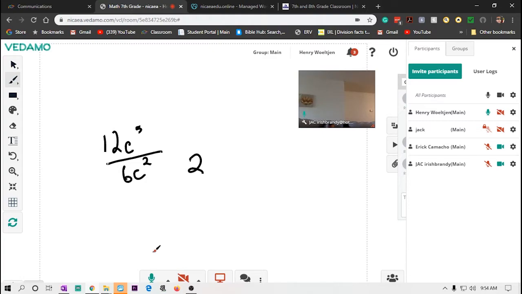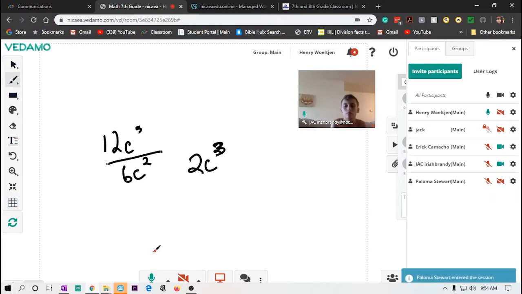And then we just subtract the exponents, which gives us 2c to the, I'm sorry, third power. 5 minus 2 is 3. So remember the steps whenever you begin doing these problems.